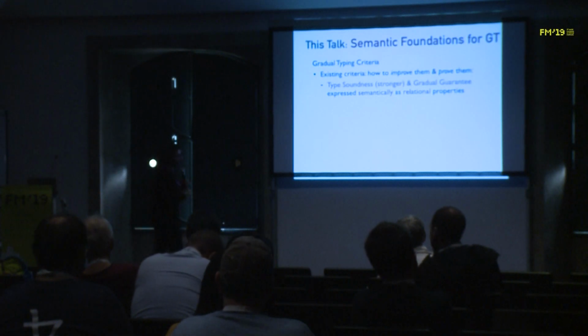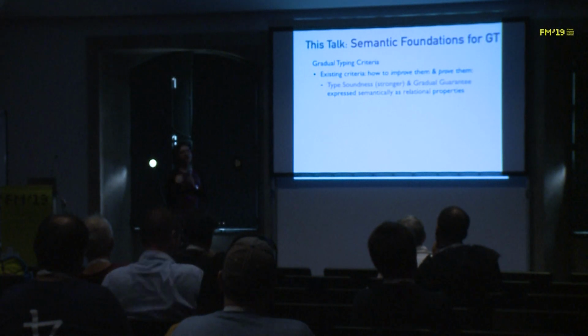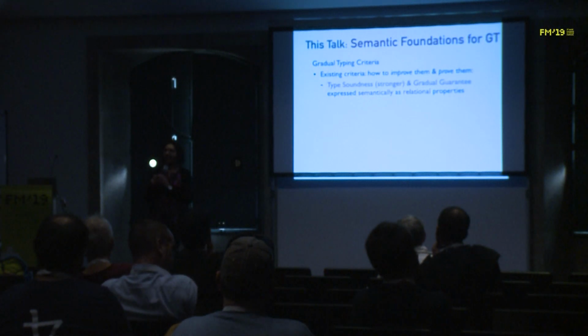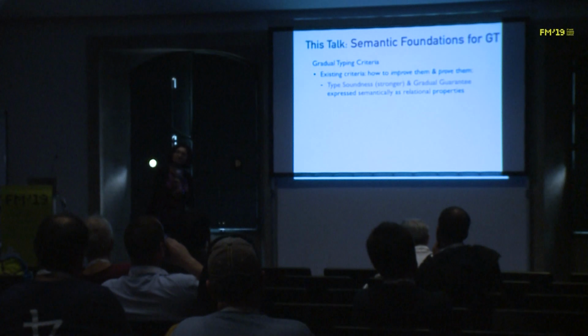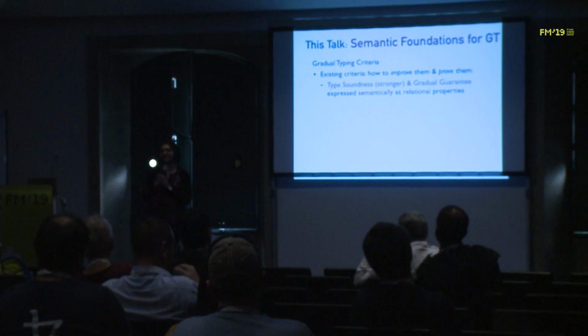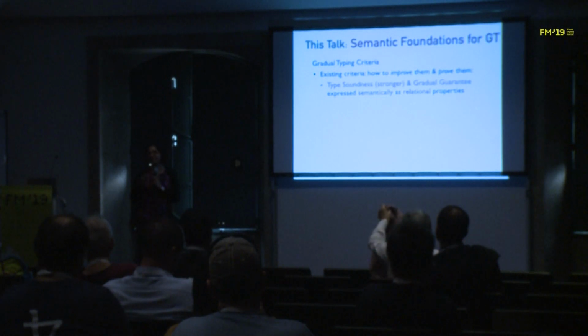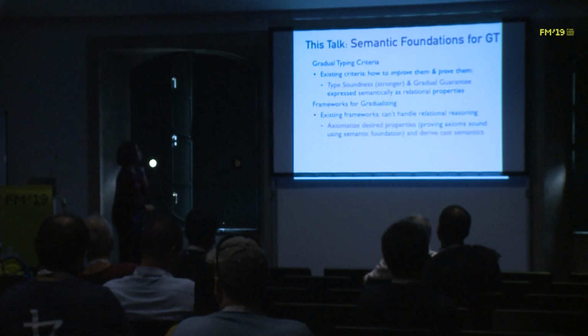So what this talk is about is how we express these properties semantically. In particular, I'll be giving a relational explanation of these properties, which in turn will allow me to prove things like the gradual guarantee, which has ended up being a rather difficult property to prove in the literature, at least for non-trivial type systems beyond simply the typed lambda calculus being gradually typed.